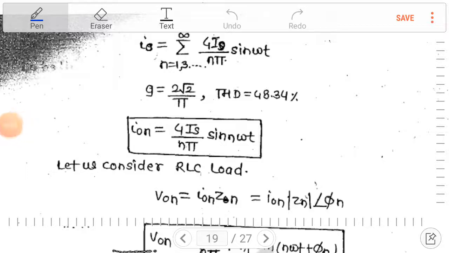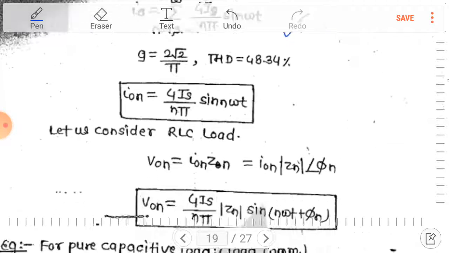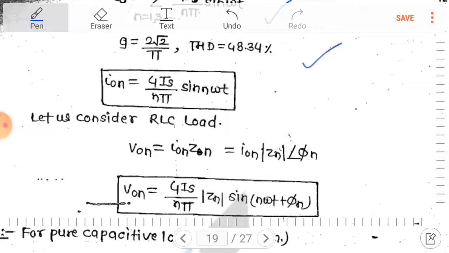We know the Fourier series of a square waveform. For the I naught current, it is the summation of 4 I naught by n pi sin n omega t, with distortion factor 2 root 2 by pi, and harmonic distortion is 48.34% for a square waveform.